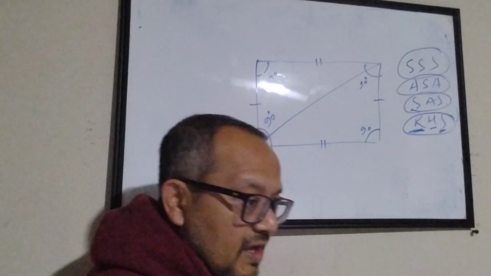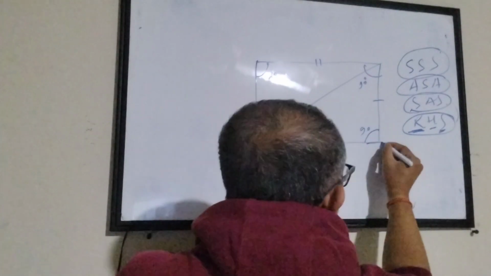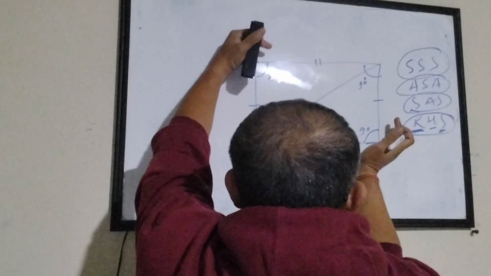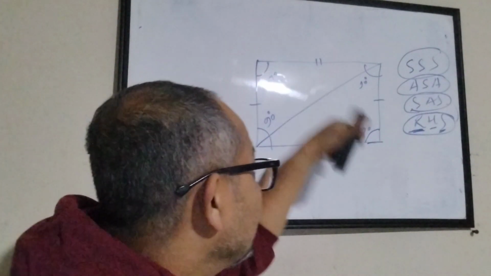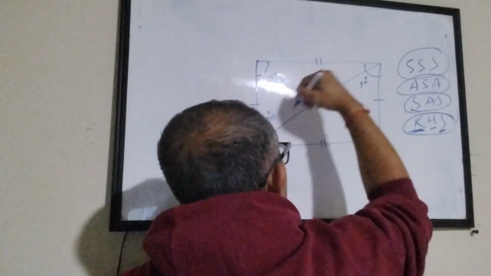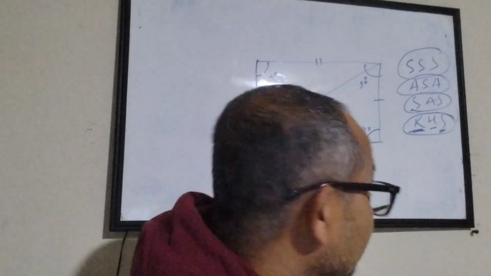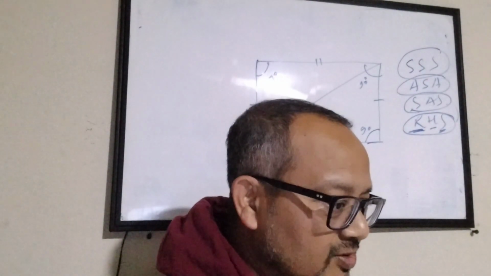Now, what I was trying to do was that we had a rectangle. We just joined the two opposite vertices. That split it into two right angle triangles, one here and one above. What I am saying is, these two triangles are congruent. Why?